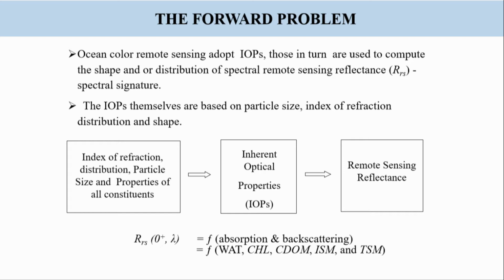If I put everything together in different boxes, index of refraction, distribution, particle size and properties of all constituents constitute together the inherent optical properties, and then you have the RRS, the remote sensing reflectance. RRS(λ, 0+) means the remote sensing reflectance above the sea surface. That is what finally passes through the atmosphere, and that is a function of all these optically active constituents and the water molecule, which I have already explained.